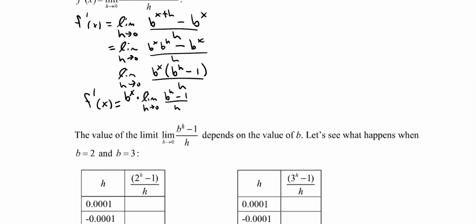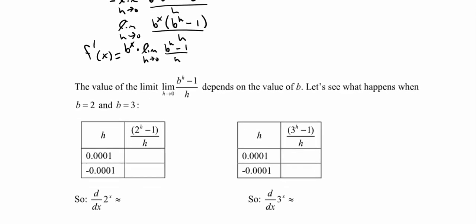Now, b could be different numbers, so let's see what happens when we throw different numbers in for b. Let's say 2 or 3 in for b. As h gets ever closer to 0, approaching from the right and from the left, let's see what number we get close to.